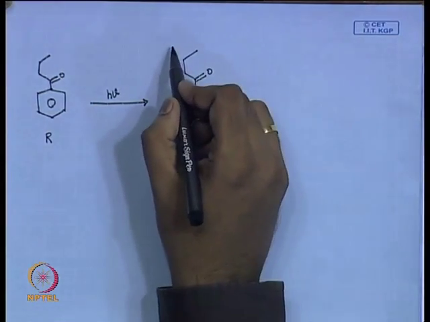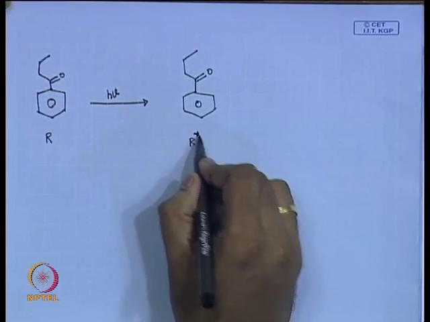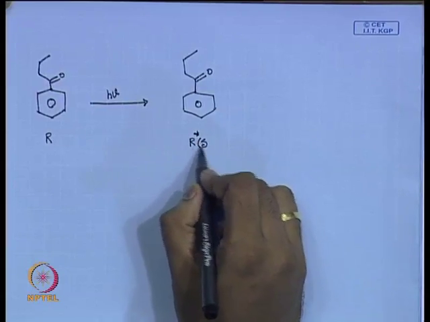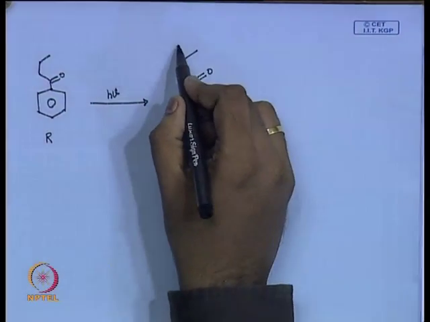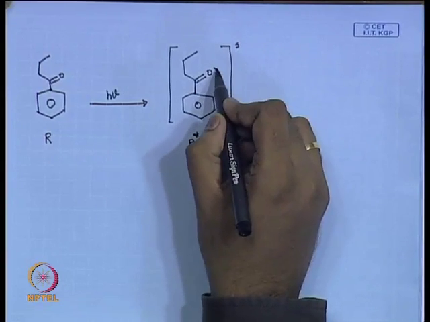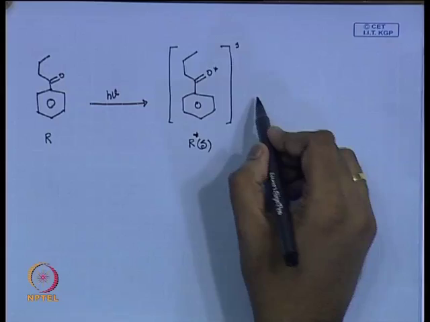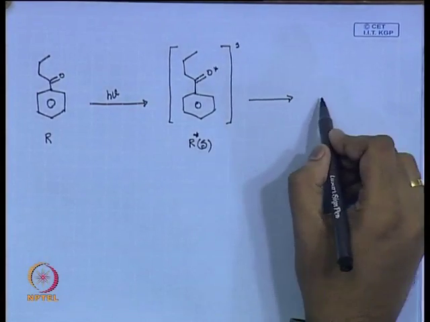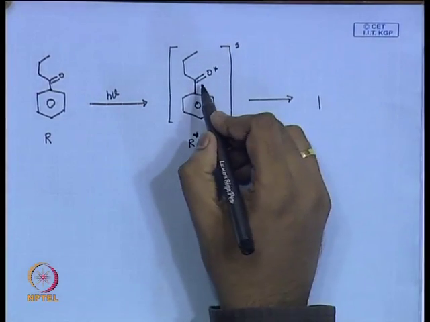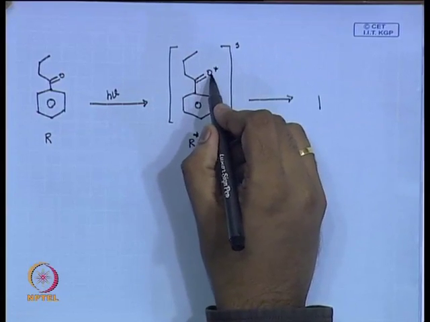So, you can write this as a singlet. Okay. R star, first it happens to be your singlet, right, or you can put like this your singlet with an excited ketone. You can write like this also. If you want to put your spin, you can also take the bond and you can put the spin.